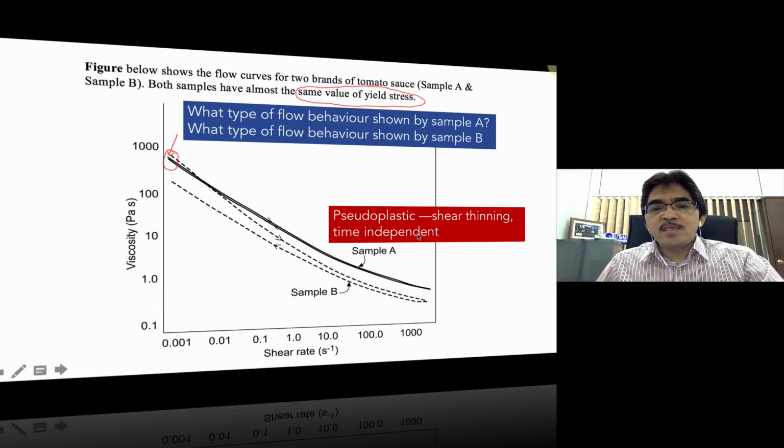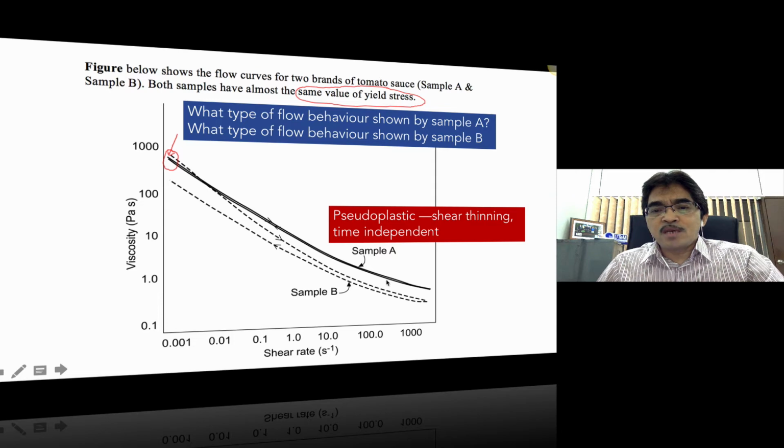So when the material shows time independent behavior, it means that when we carry out the experiment and increase the shear rate, we get one curve. This is what we call the up curve, meaning that we increase the shear rate until this point. Then after that, we reduce the shear rate, and the shear rate will start to decrease.